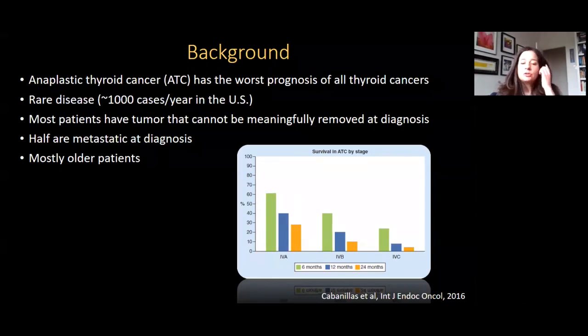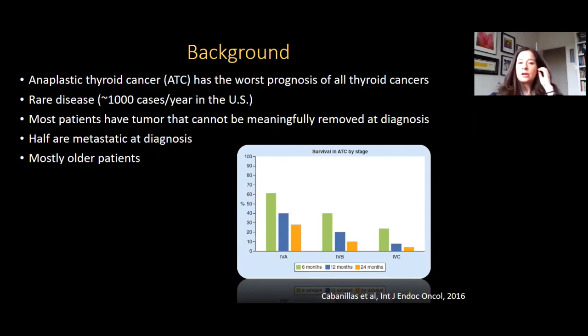Most patients have tumors that can't really be removed meaningfully, meaning that if you leave anything other than microscopic tumor behind, you're probably not doing the patient many favors, because you're just allowing that tumor to grow out of control and become very large again.